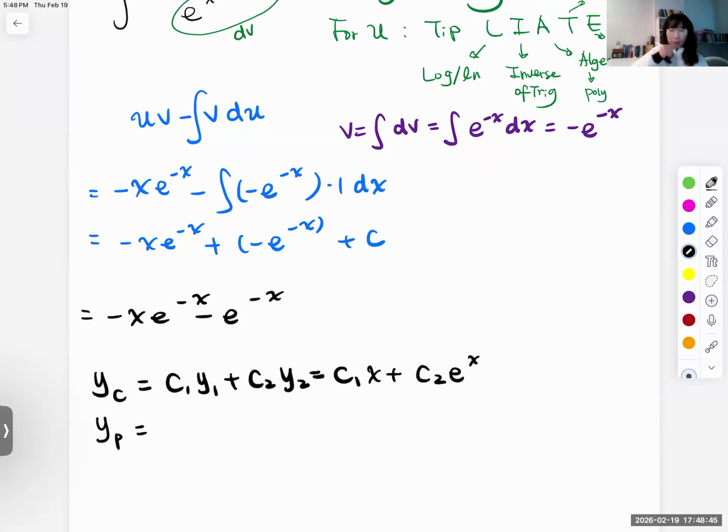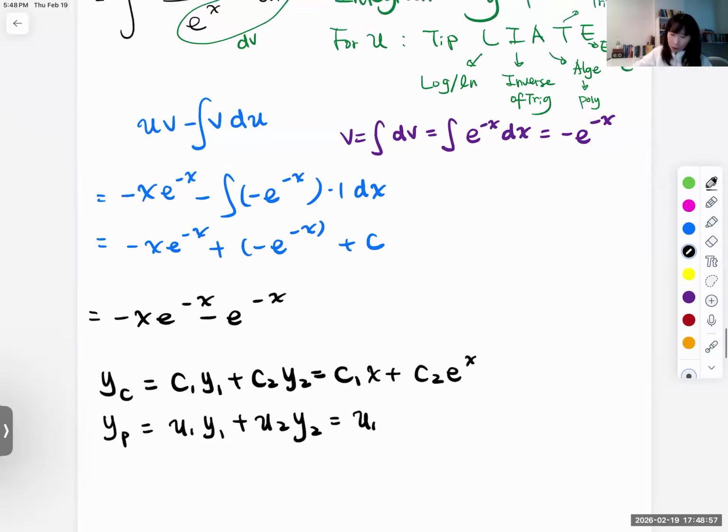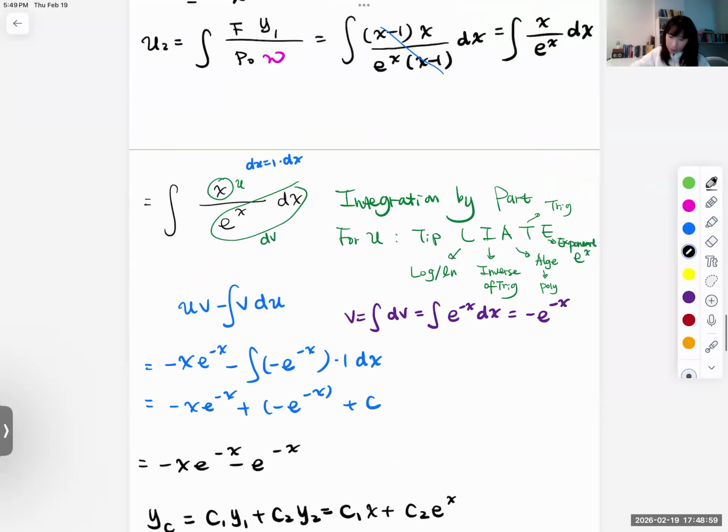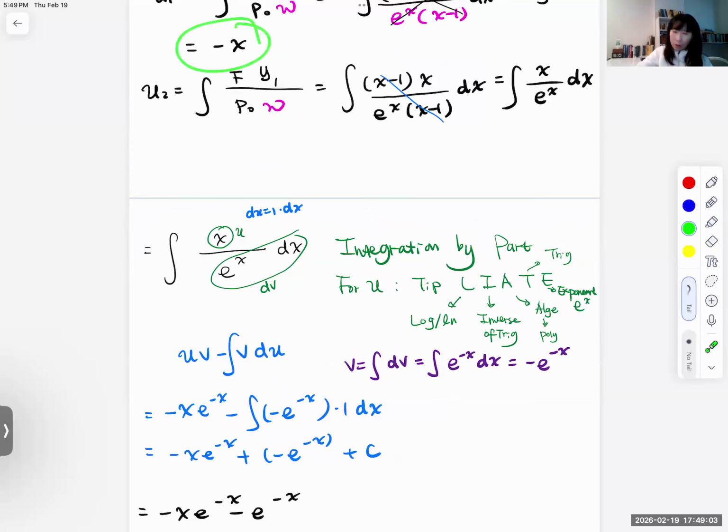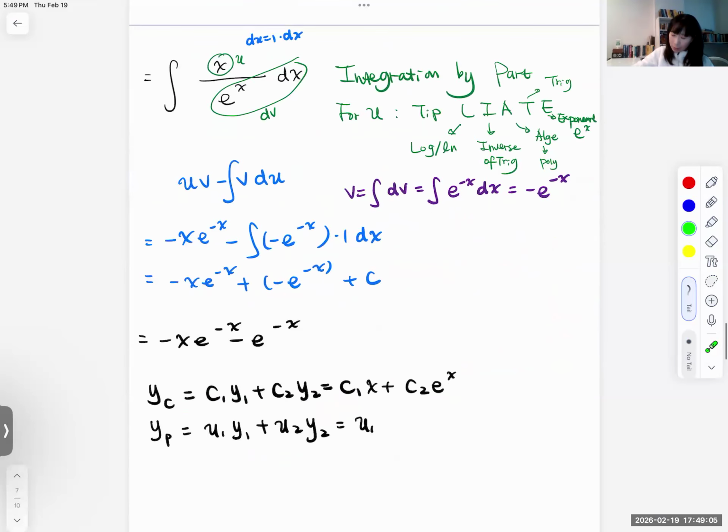Particular solution, we have u sub 1, y sub 1 plus u sub 2, y sub 2. And u sub 1, we have that earlier. Let me see. Negative x squared, way at the top, yeah.